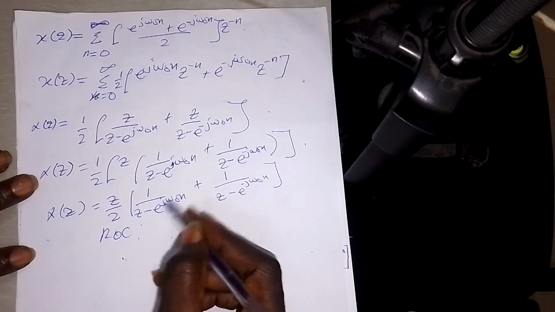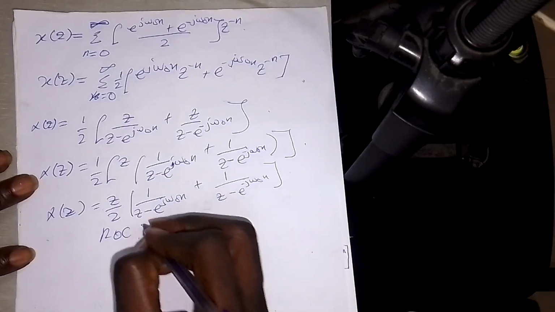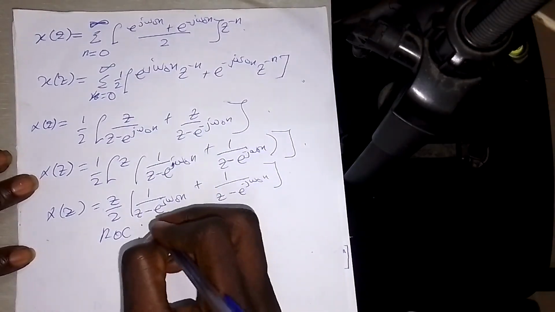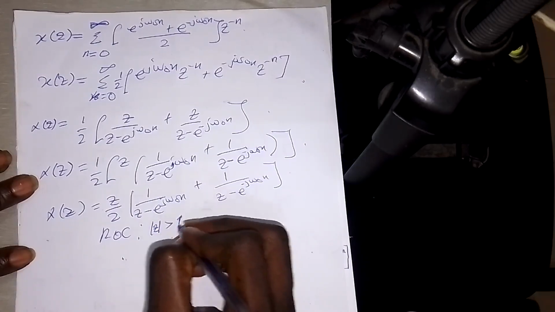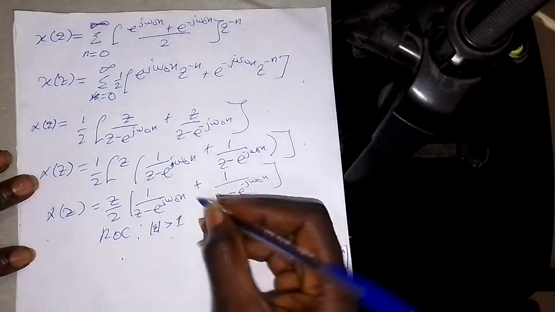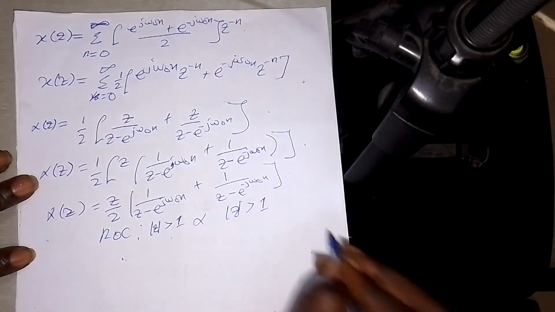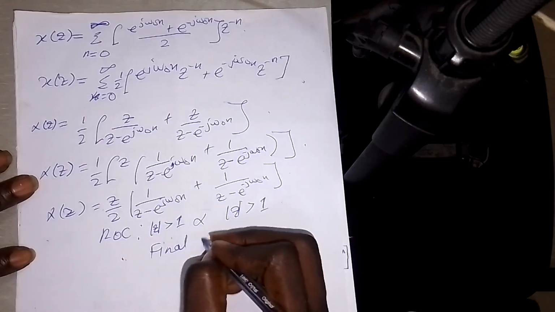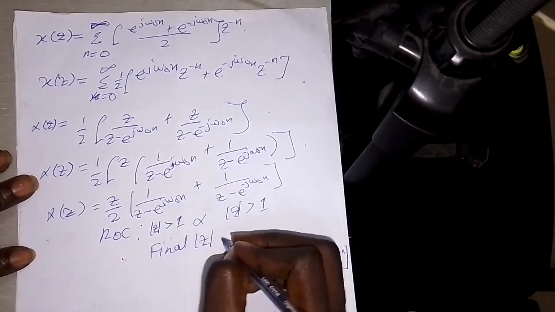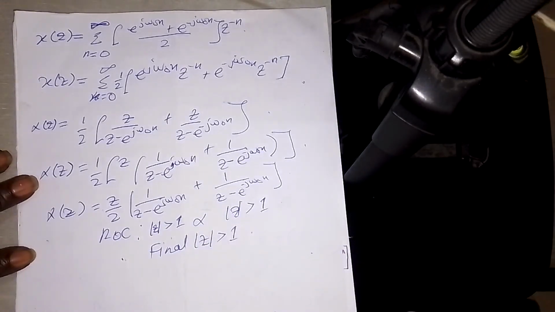So it is going to be mod z greater than 1, and here also mod z greater than 1. The final ROC will be just one of these: z greater than 1. That is the ROC for this one.